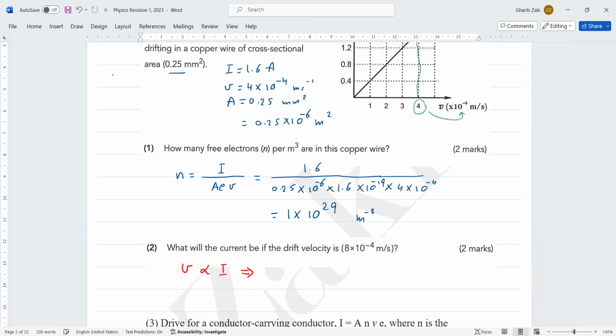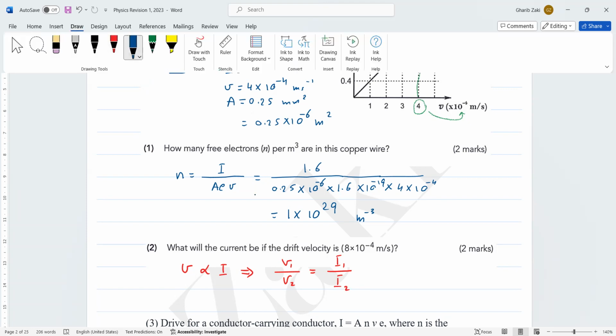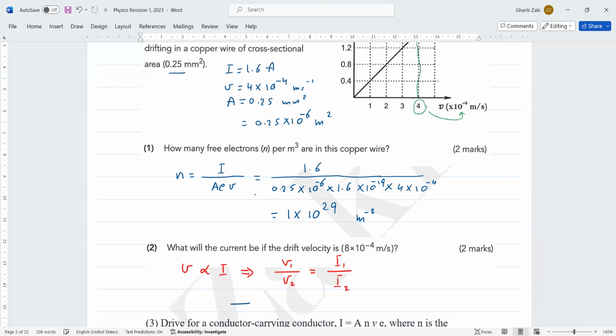From this relation, we can say that V1 over V2 equals I1 over I2. Now, already from the graph, we have V1. We said when the velocity is 4 times 10 to the power negative 4, the corresponding current was 1.6.